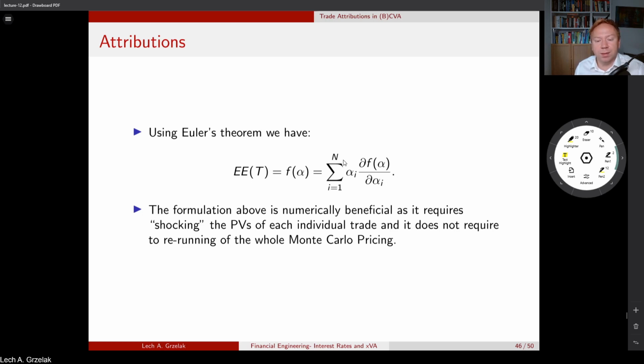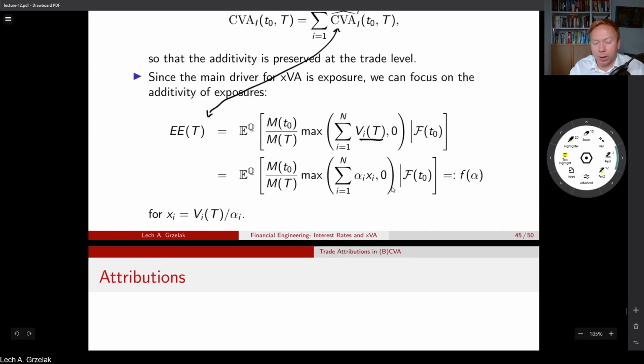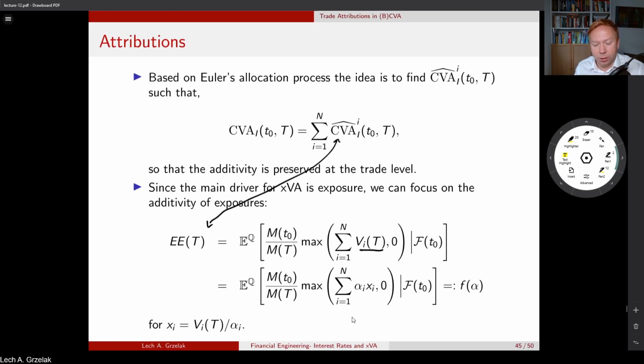One can wonder what is the benefit of this representation. If you look at this expectation here, when we calculate these exposures V_i, we are essentially looking at the derivative with respect to alpha_i. This means that if we have those exposures, we don't need to recalculate them.